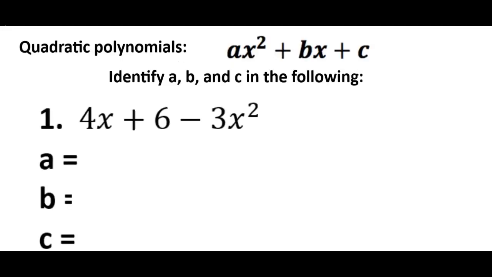But I want to look at, so remember me referring to the fact that my A, B, and C are connected to the certain variable. So my A is the x squared, my B is the x term, and my C. Here's where we have to be very careful. Okay? I need to evaluate this. Where's my x squared term?